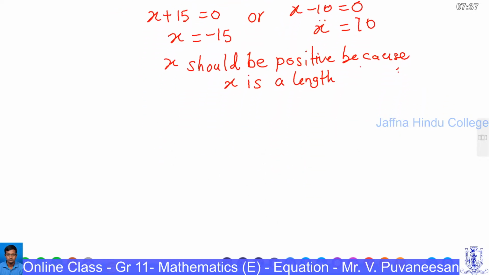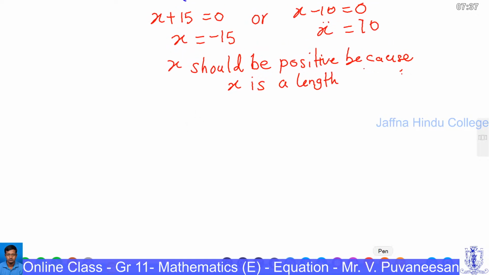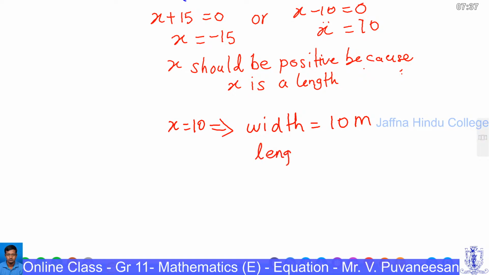If we consider x is equal 10, so we take width as x, so width equal 10 meter. They put 150 square meter, so width 10 meter and length equal 15 meter.